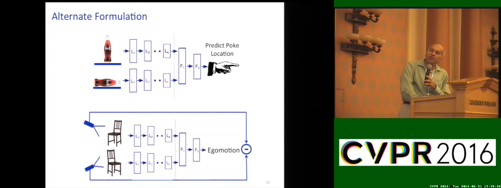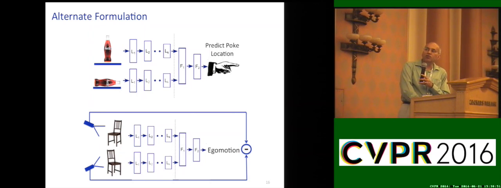So in the case of the poking problem, what we could do is to take the image before and image after as inputs which go up a neural network, and we try to predict the poke location. But we executed the poke, so therefore we have an error signal we can use to train this network.